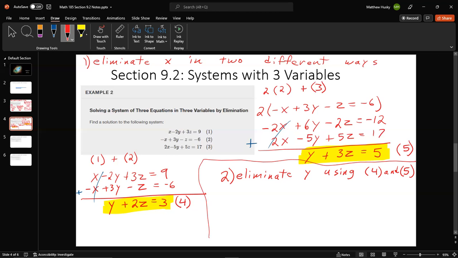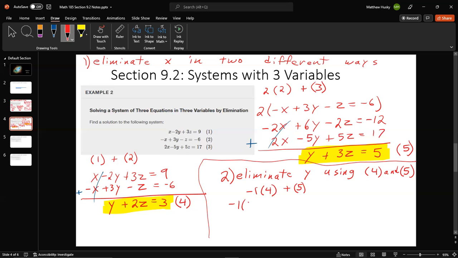So what I can do is maybe I can do -1 times equation 4 plus equation 5. And if I multiply by -1 here, that'll give me a negative y, and that'll pair off nicely with a positive y.